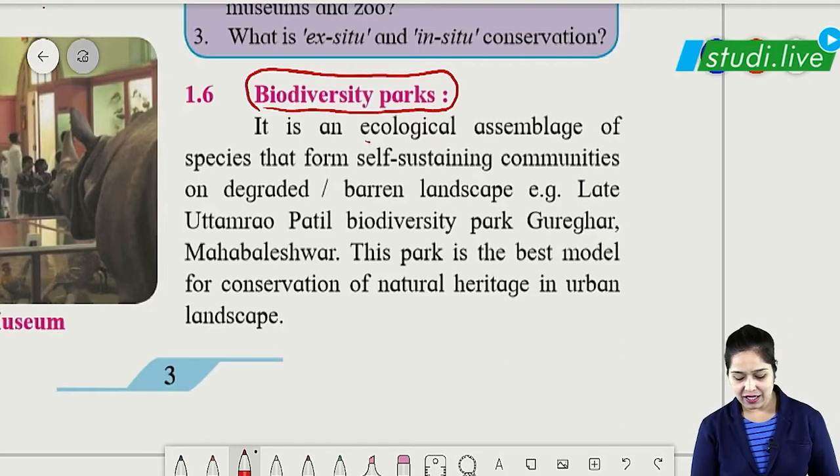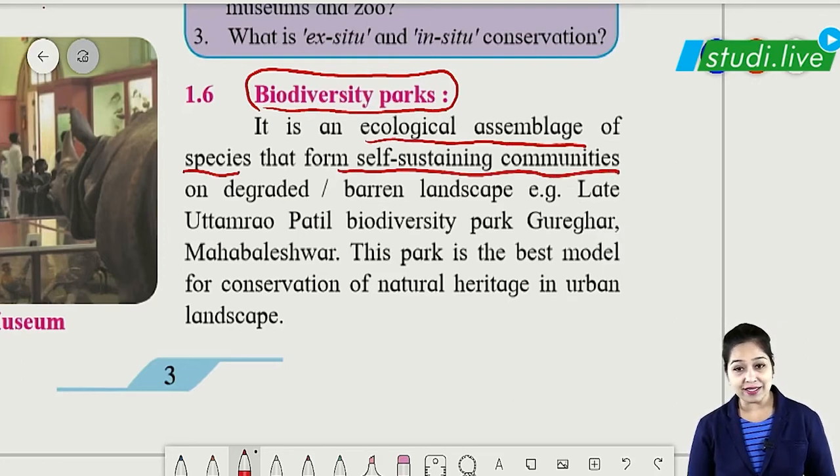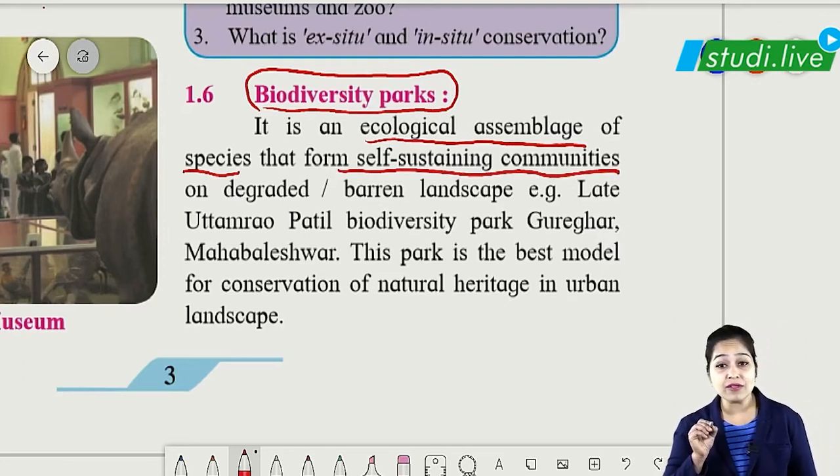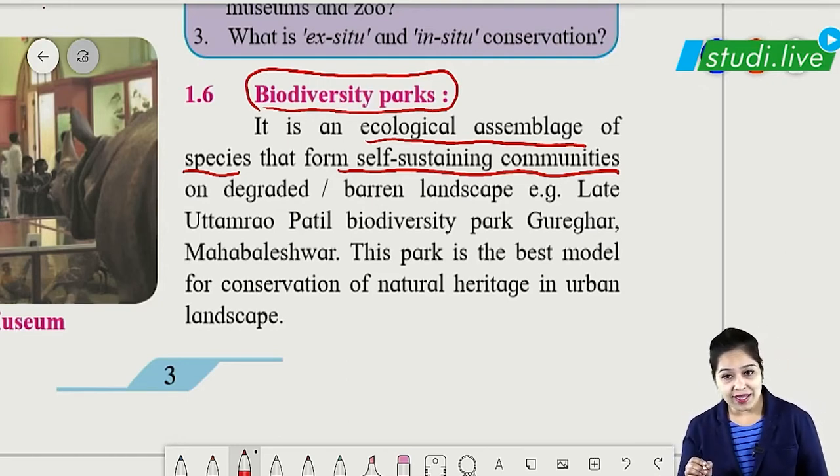So it is an ecological assemblage of species which is going to form self-sustaining communities. This word self-sustaining communities means when we grow trees, we keep a pond or a water body.